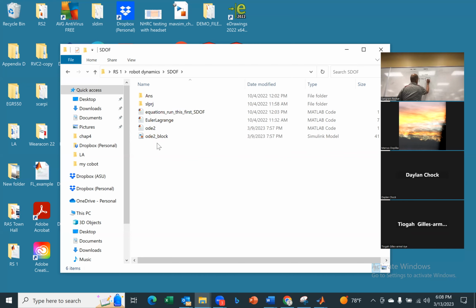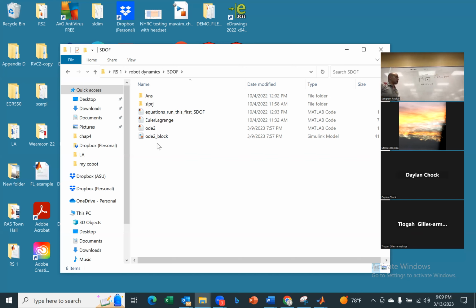You have mass M, you have stiffness K. This is going to be M x double dot plus Kx is equal to 0, where M is equal to mass in kilogram, K is stiffness in Newton per meter.